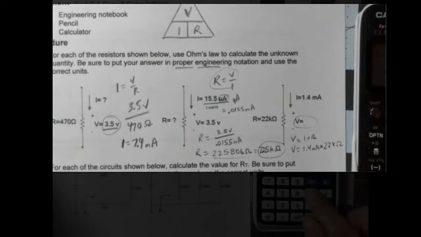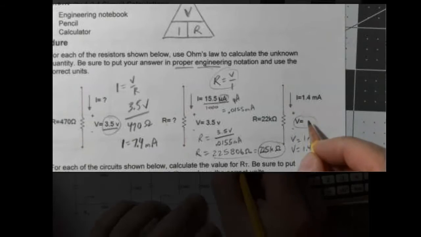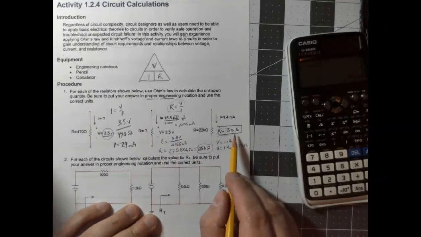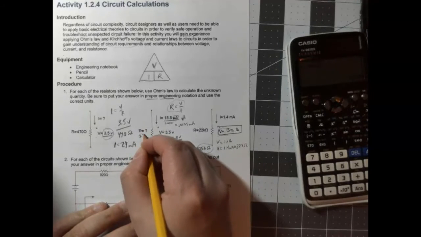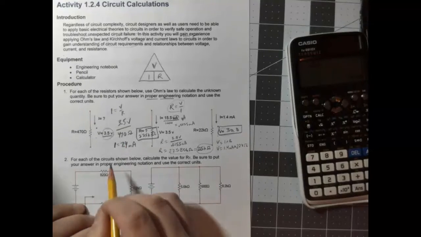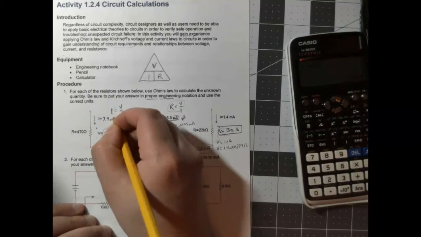We do 1.4 times 22 equals 30.8. So our answer is 30.8. What I would like you to do here, so 225 k ohms, is just put a square around your answers. 7.4 milliamps.